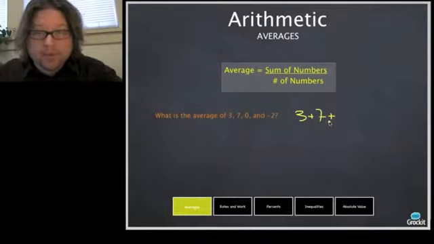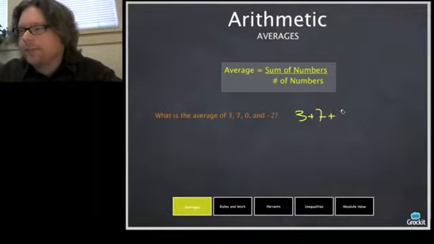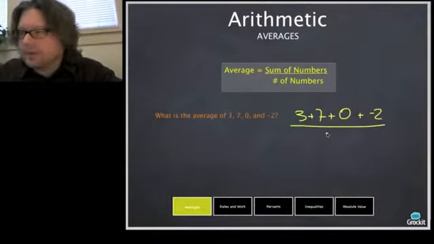Just because 0 doesn't have any value, positive or negative, you do still need to include it because it's one of the numbers, and it will bring the average down. Plus minus 2. We had 4 numbers there because we do include the 0. And so 3 plus 7 is 10, minus 2 is 8. In the numerator, 4 in the denominator, that equals 2.